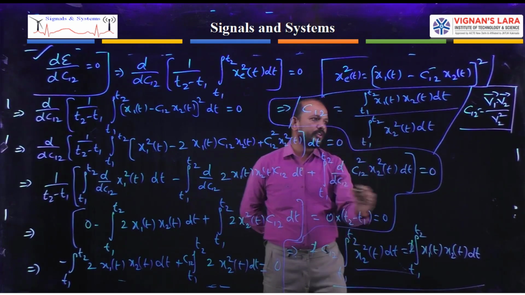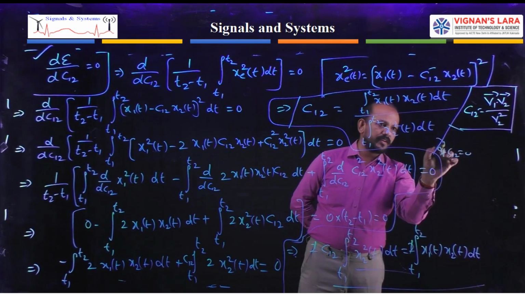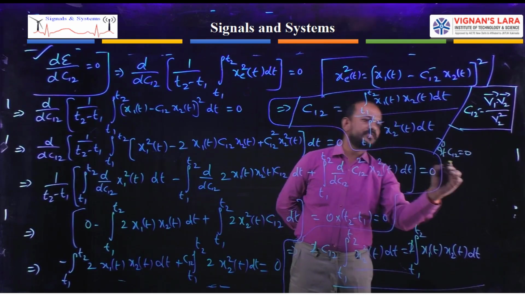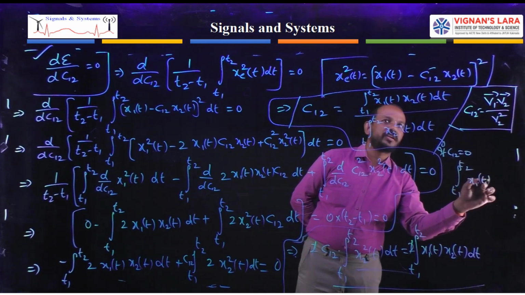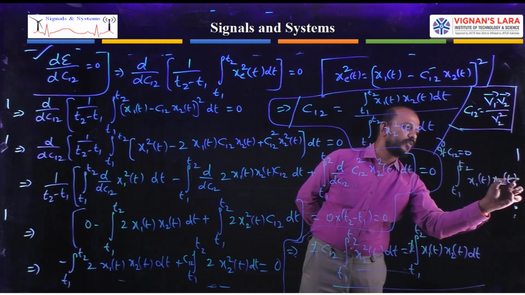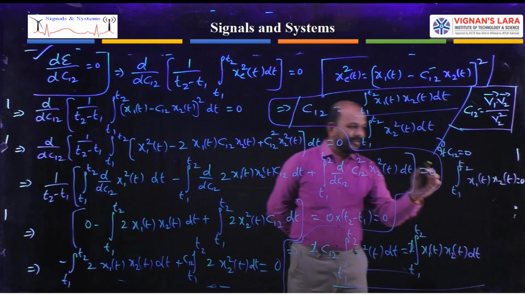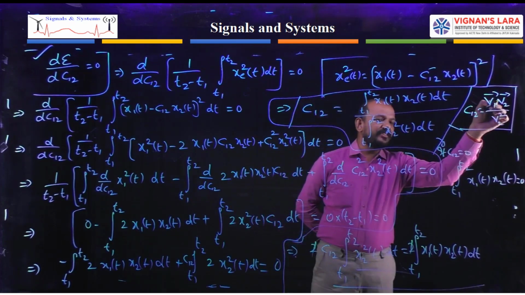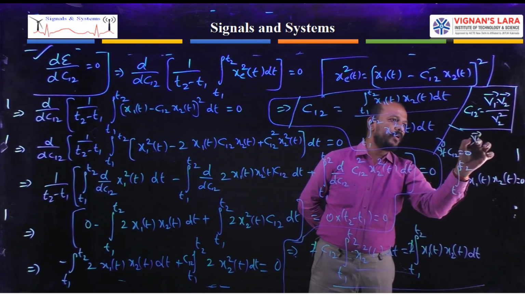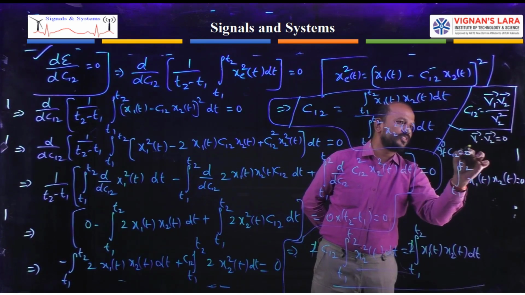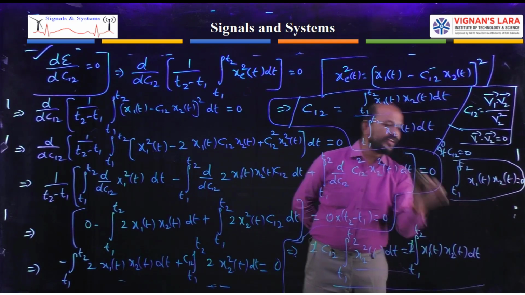That is, if C12 equals 0, the integral from T1 to T2 of x1 of t into x2 of t equals 0. Remember, in the case of vectors, V2 square into 0 is 0, so V1 bar dot V2 bar equals 0. This is the case for vectors, and this is the case for signals.